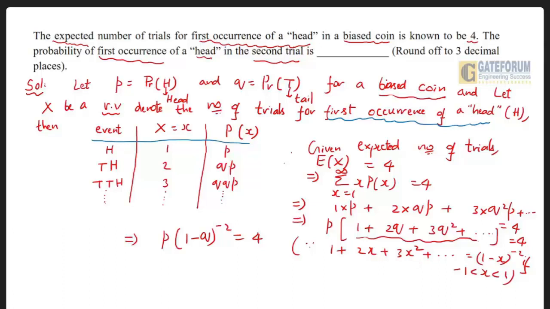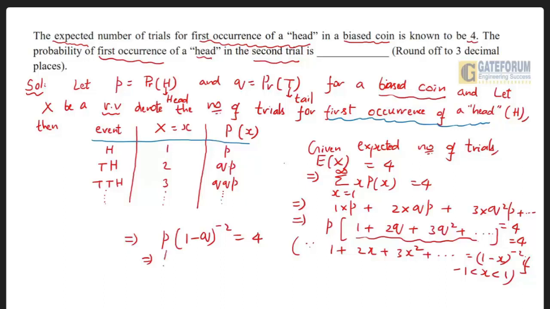Now Q, getting tail probability, always lies between 0 to 1 only. So small p, small q lies between 0 to 1 only. So that's why this formula is applicable here. Now, what is 1 minus q? Probability of getting head plus probability of getting tail is always equal to 1. Probability of getting head, small p is equal to 1 minus q, similarly small q is equal to 1 minus p.